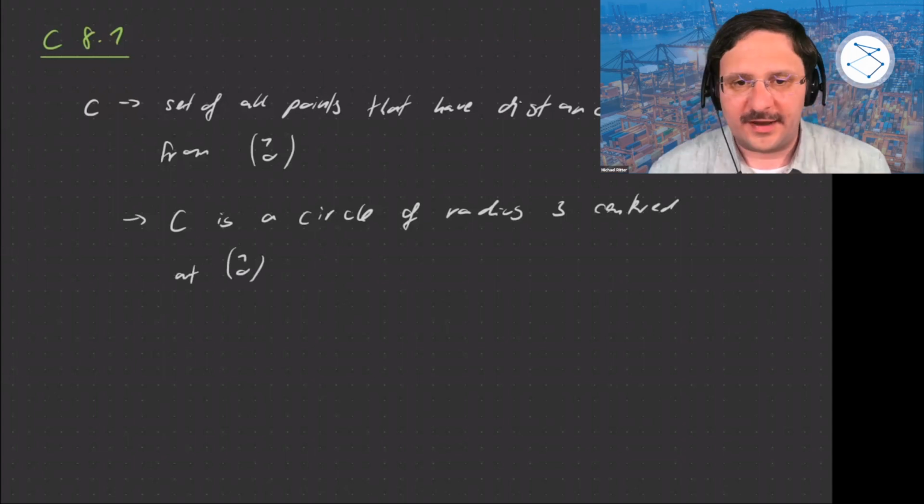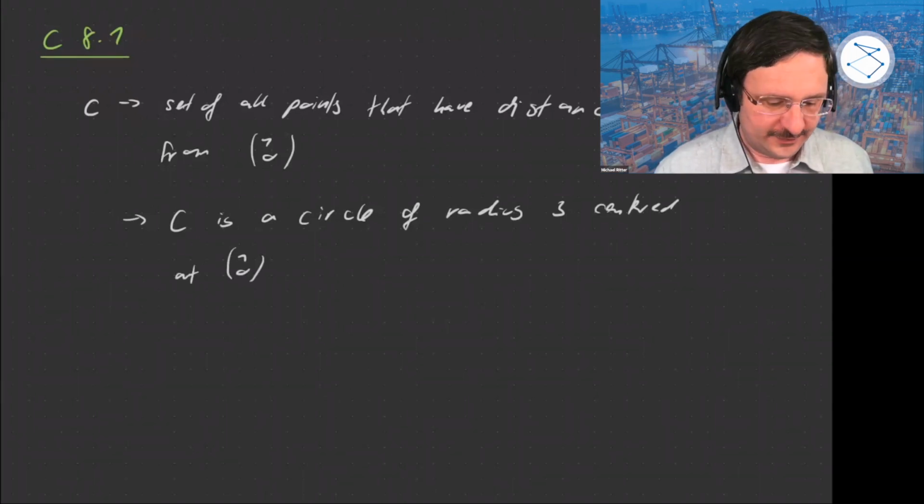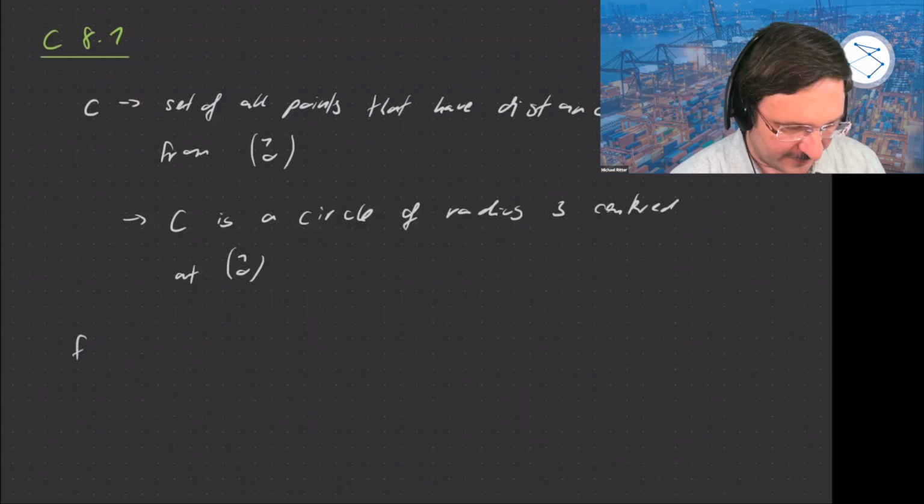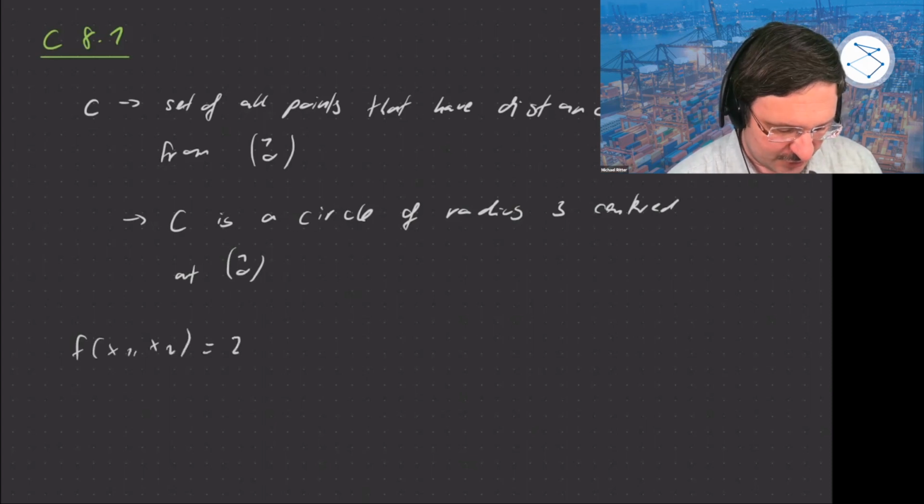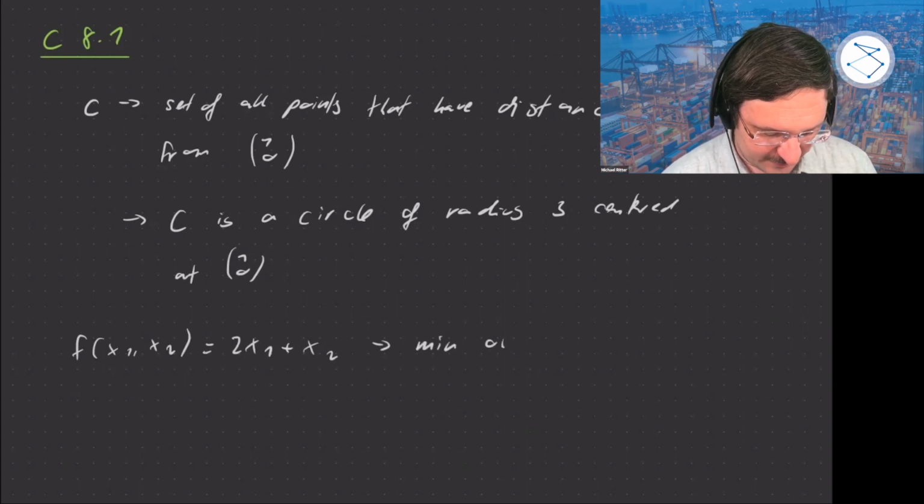So that's the set that we're optimizing over. And then we have this function here, f of x1, x2, giving us 2x1 plus x2, and we want to minimize that over C.